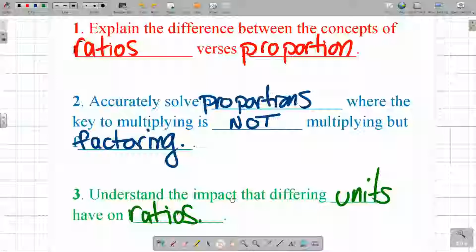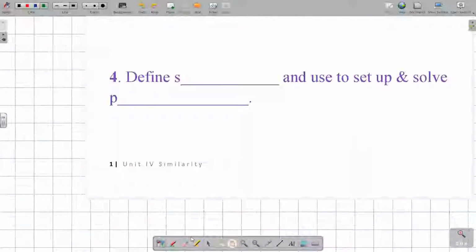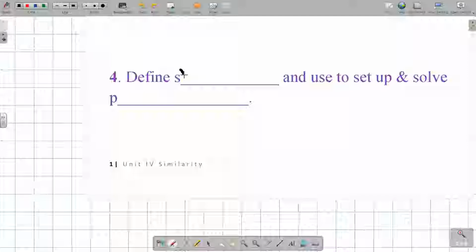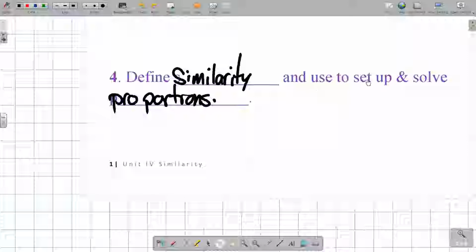We're going to understand the impact that differing units have on ratios. We're going to define the concept of similarity and use it to set up and solve proportions.